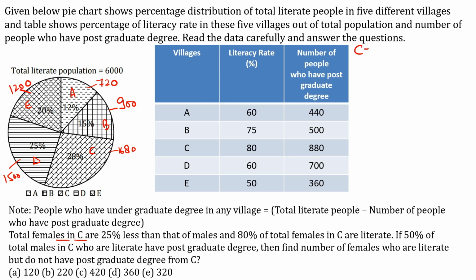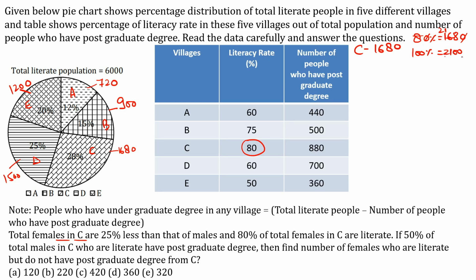C has literate people as 1680, and the literacy rate is 80%. That means 80% is equal to 1680. So the total population will be 100%, which will be equal to 2100.